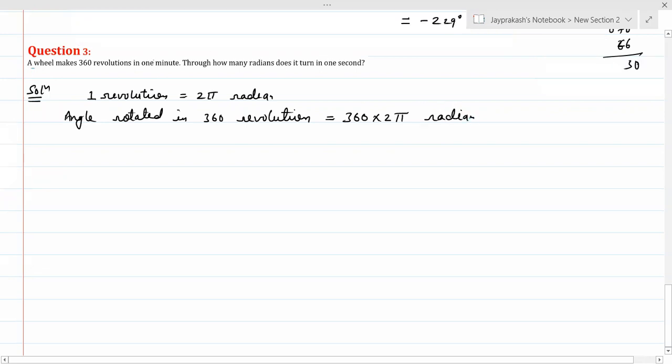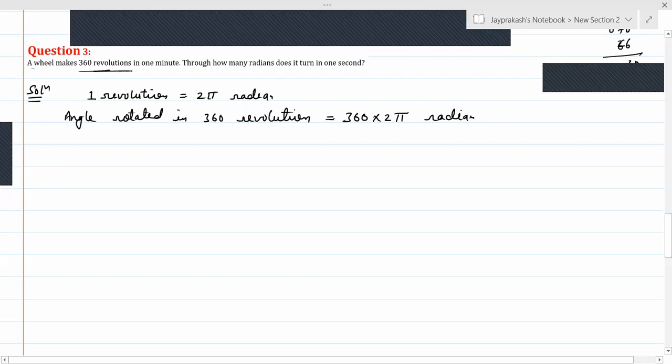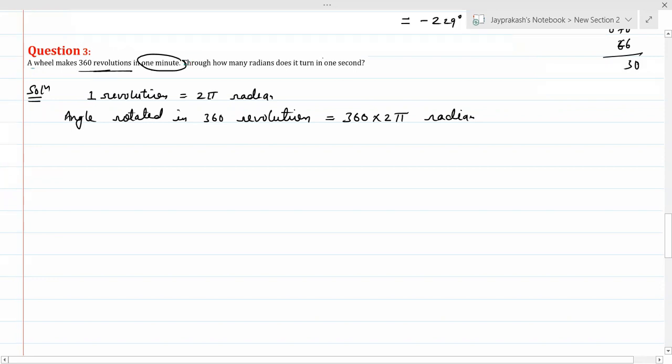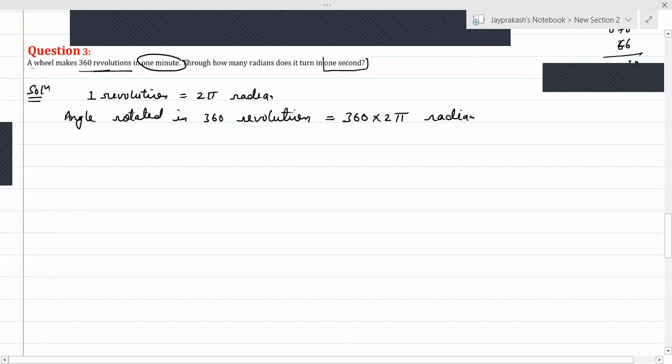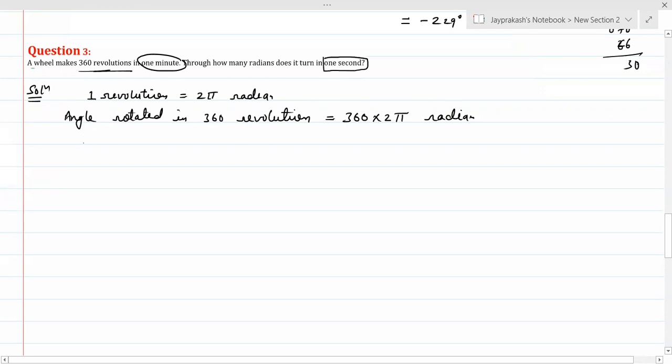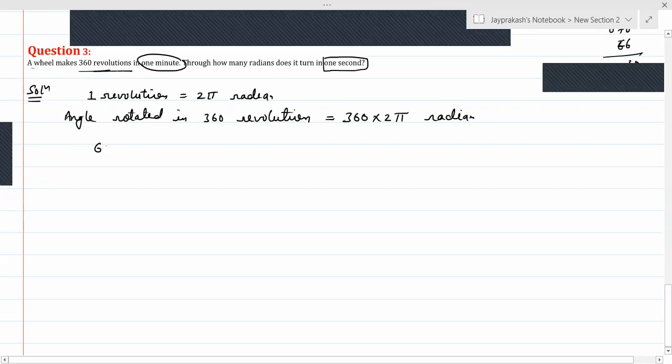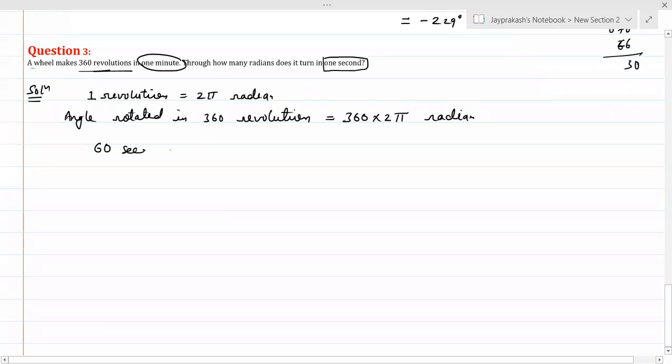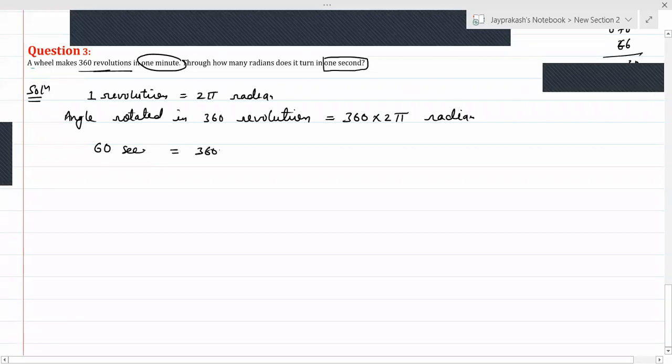Now you can see here, these 360 revolutions are in 1 minute, and we need to find the radian made in 1 second. So in 60, sorry, not in minute, because it is in 1 minute, so we can write here 60 seconds means 360 into 2 pi radian.